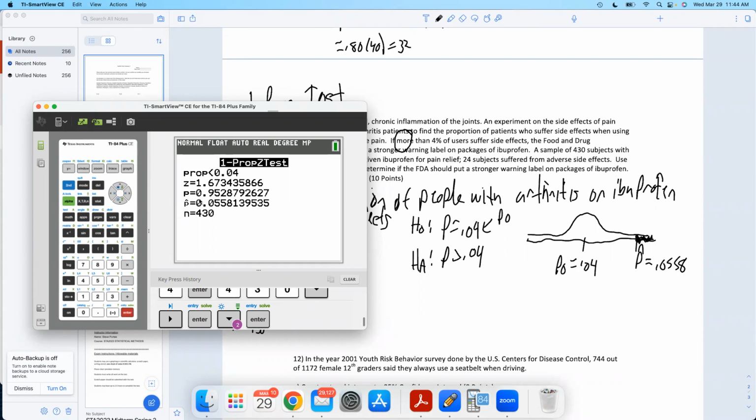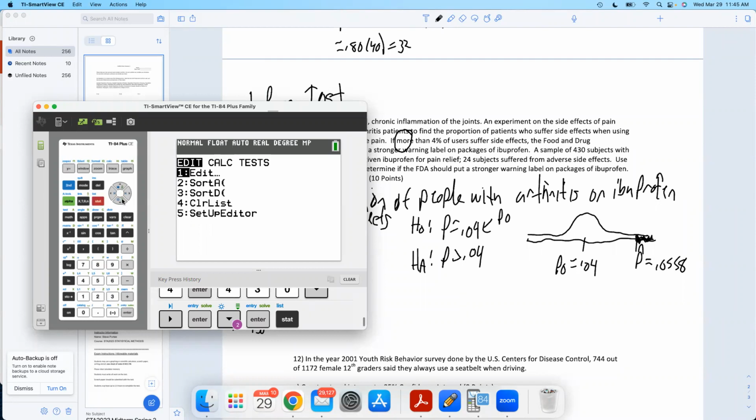You're never going to get a p-value of 95%. Ever. Because look at what we shaded there. I didn't shade 95%. I shaded a tiny little fraction. That's another reason I want you to draw this picture so that you can look at that and go, well, that can't be right. You're never, ever, ever going to get a p-value bigger than a half. If that happens, you probably picked the wrong alternative.